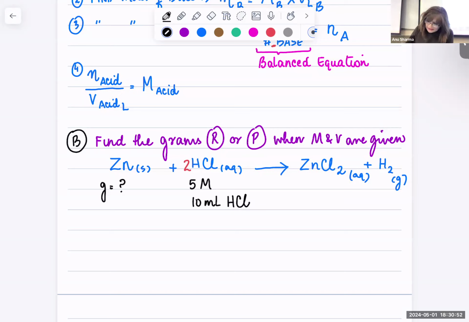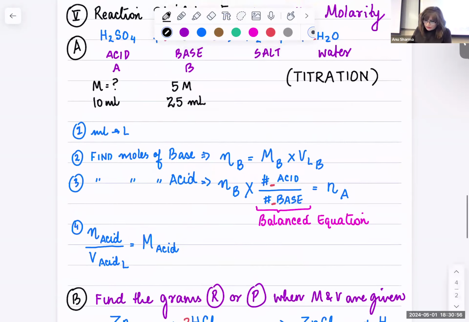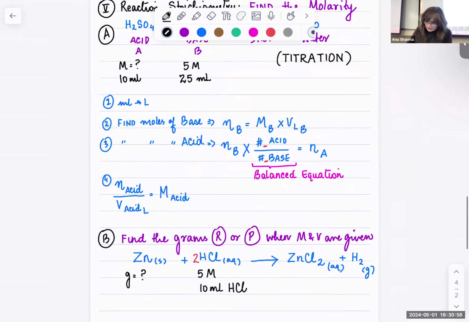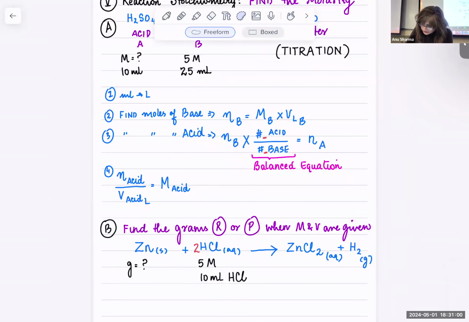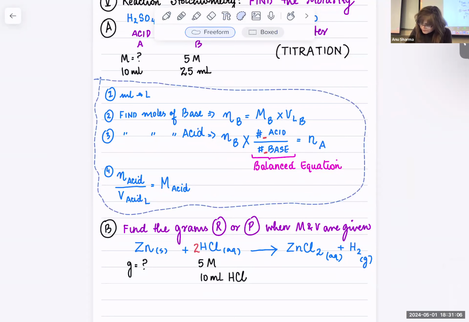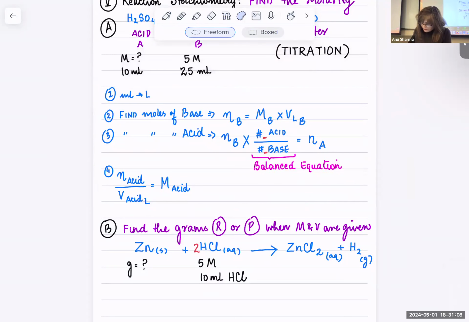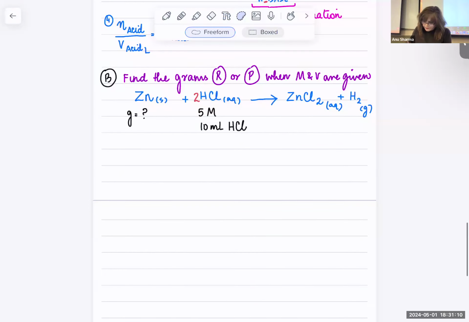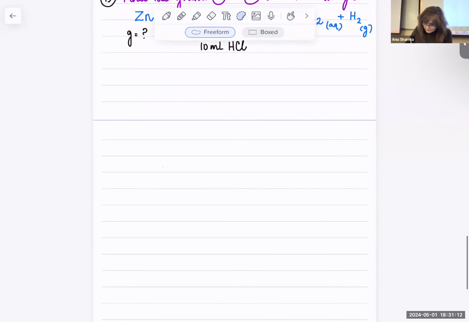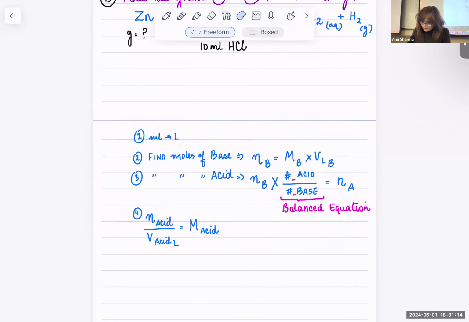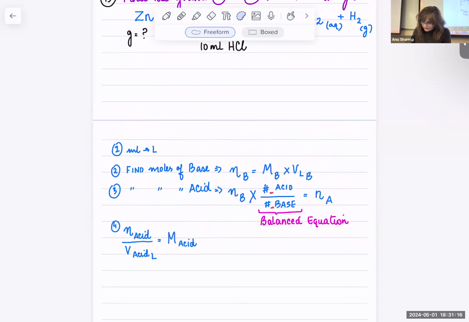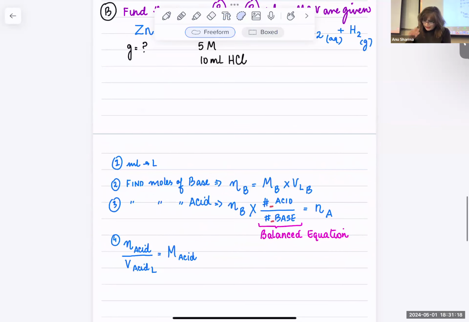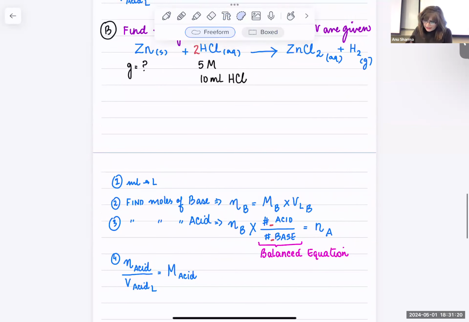In this case, the story is still the same. You are going to convert milliliters to liters.